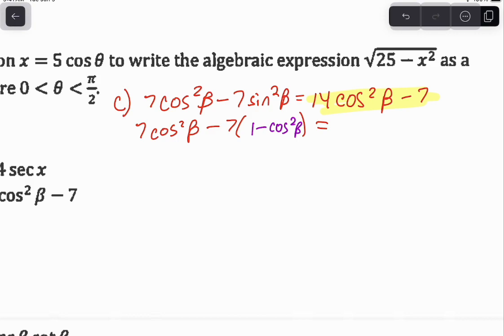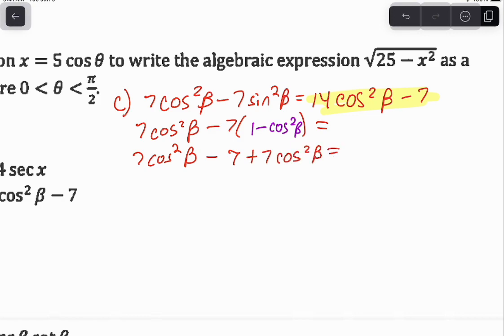Now, following our algebraic rules of simplification, this -7 by the distributive property means I'm allowed to distribute it in. So let's take that -7 and multiply it through. We get -7 plus 7 cosine squared.